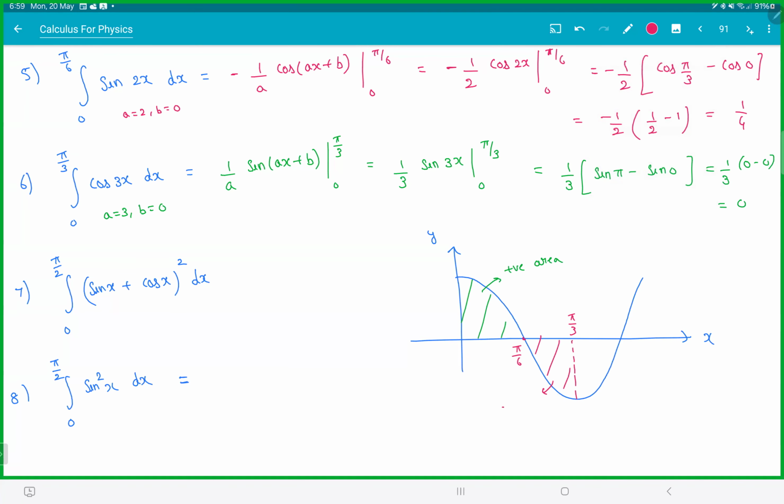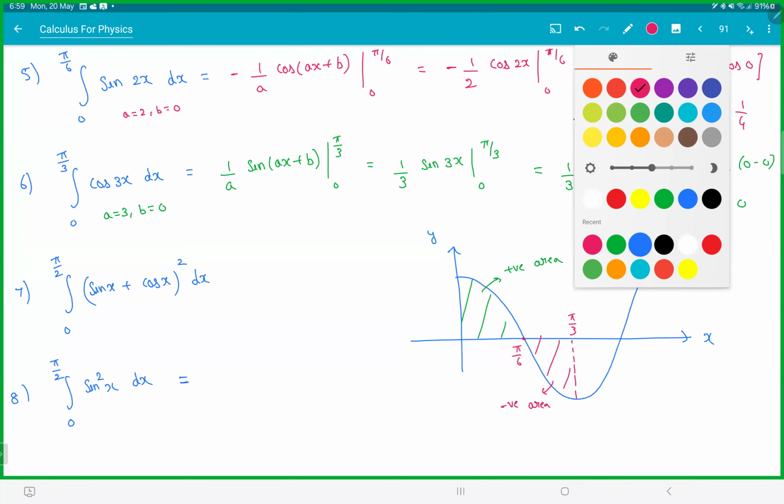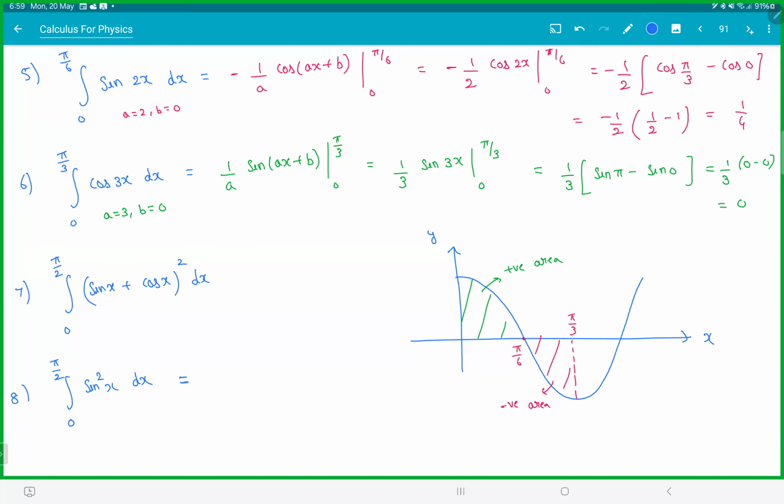This area is negative area. Therefore, area from 0 to pi by 3 becomes 0. That is a convention. Because see now, when you're up, this is positive y, this is positive x. So area is plus y into plus x. If you go down, it is minus y and plus x. So area is minus y into x. You're getting it? So the area actually becomes negative. There is a meaning for negative area. We'll see later on. So here, the total area up to pi by 3 is 0 because they cancel out.